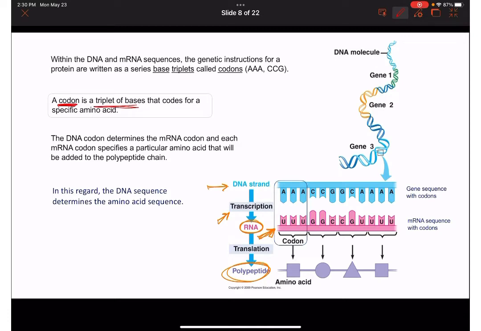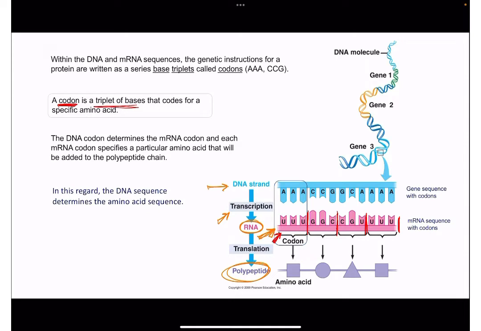So if we look at the mRNA, we can divide this mRNA sequence into series of 3 bases, and each of those series of 3 bases is called a codon. So the first codon is U, U, U. And that codon is going to specify what specific amino acid needs to be added to the polypeptide.